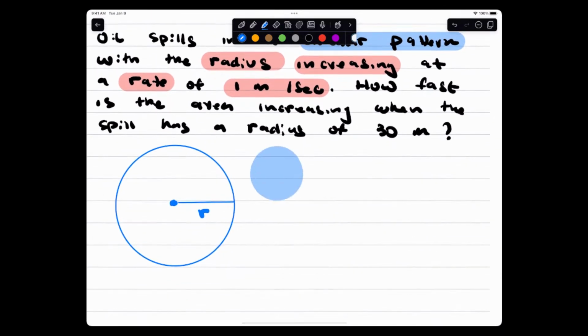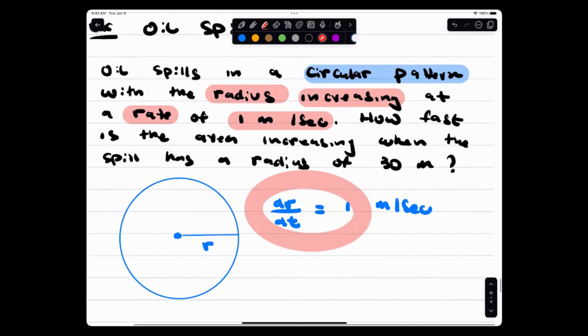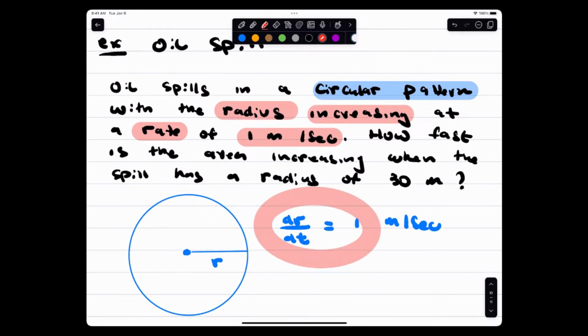So what they're saying is that dr/dt is a positive 1, and yes, that's in meters per second. You guys okay with that? I want you to understand this part: dr/dt equals 1.